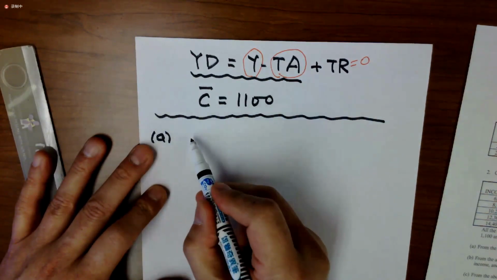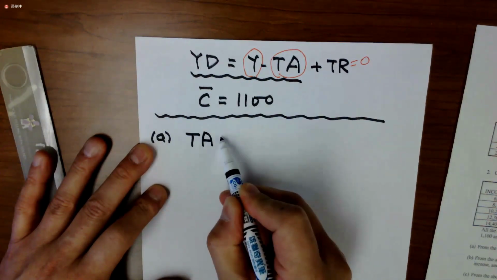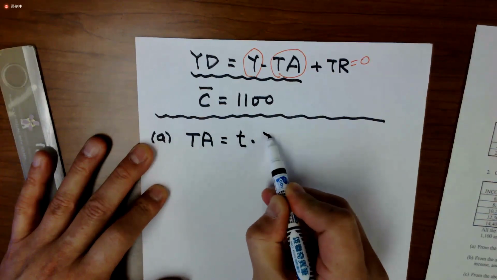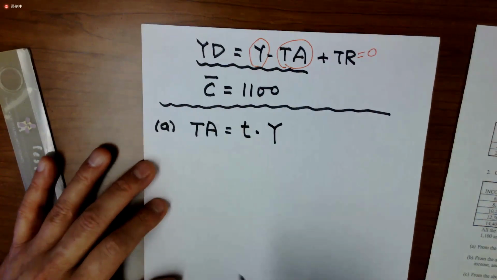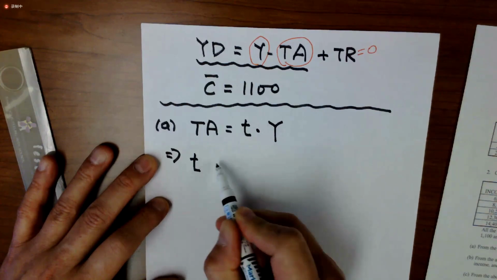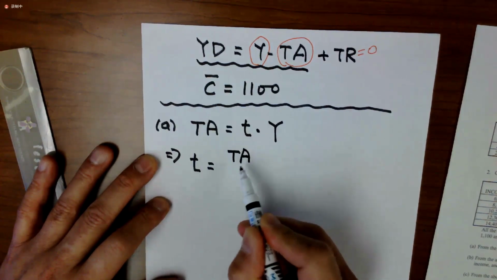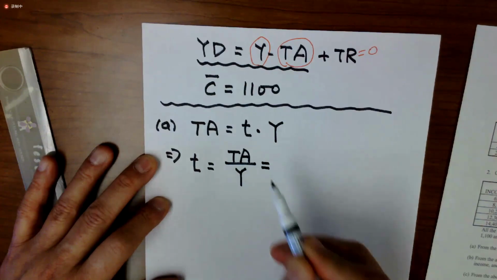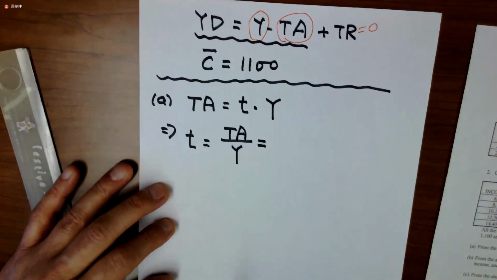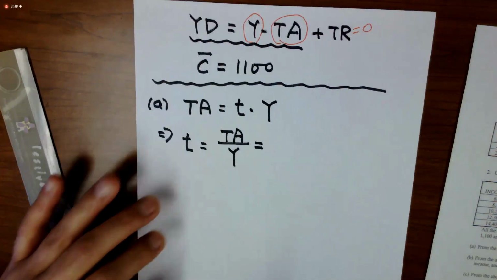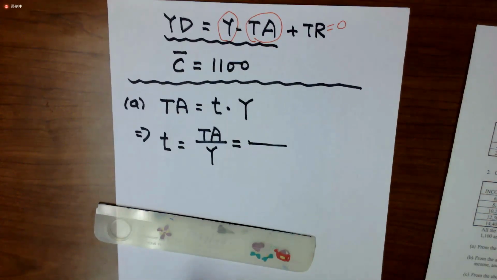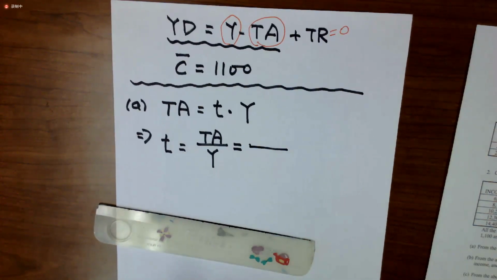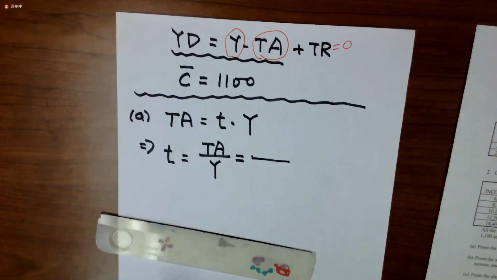We know taxes is equal to the tax rate times Y, right? So therefore, the tax rate T is equal to taxes on the top divided by Y. You can take any row from the table to answer this question. Suppose you take the first one.